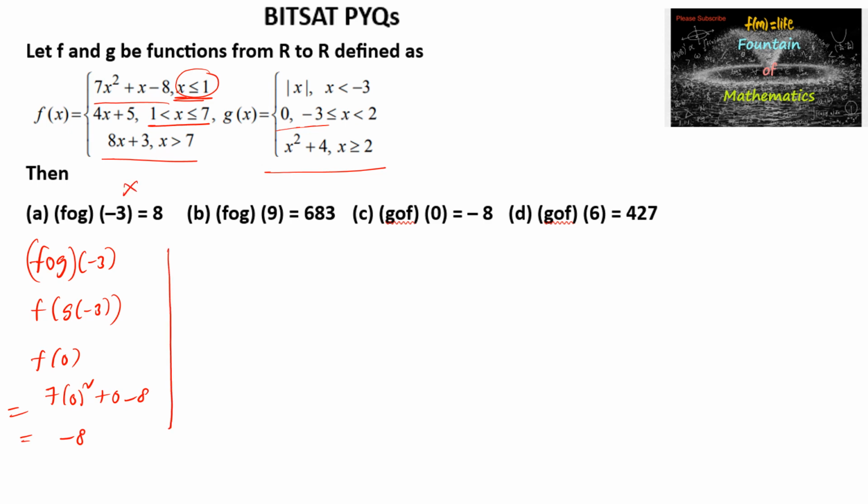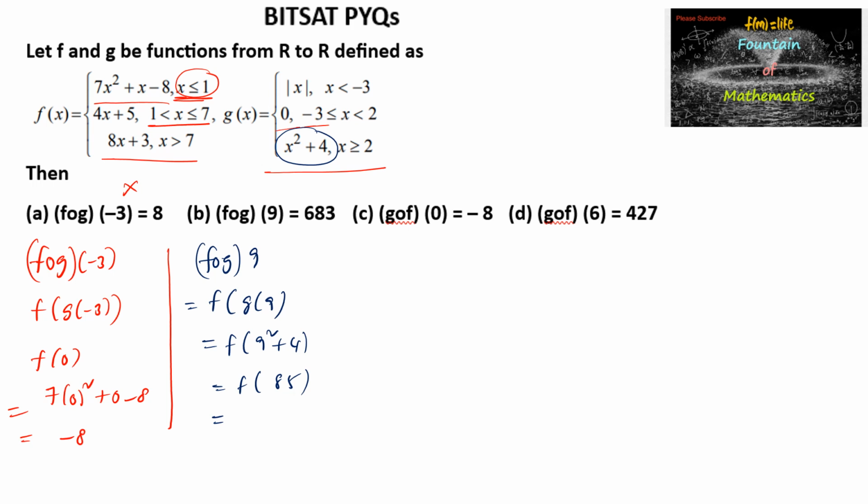Coming to the second option, f circle g of 9, which is equal to f of g of 9, and for x greater than or equal to 2 we must consider x square plus 4. So g of 9 is 9 square, which is 81, plus 4, which is 85.